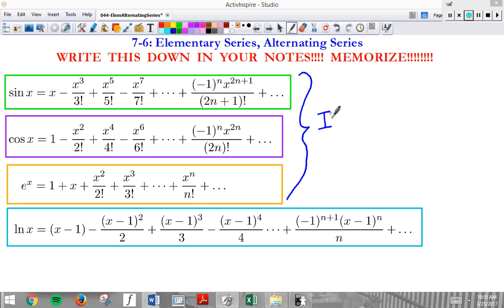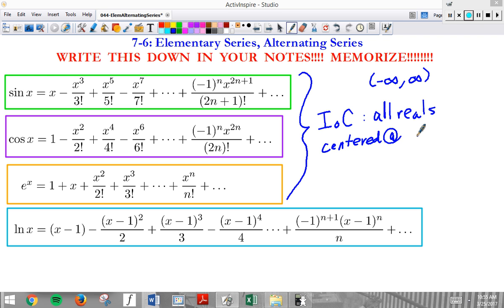So these ones all have an interval of convergence of all real numbers, or this is the notation you'll be asked to use most of the time. And they're centered at x equals 0. Nothing's being subtracted.